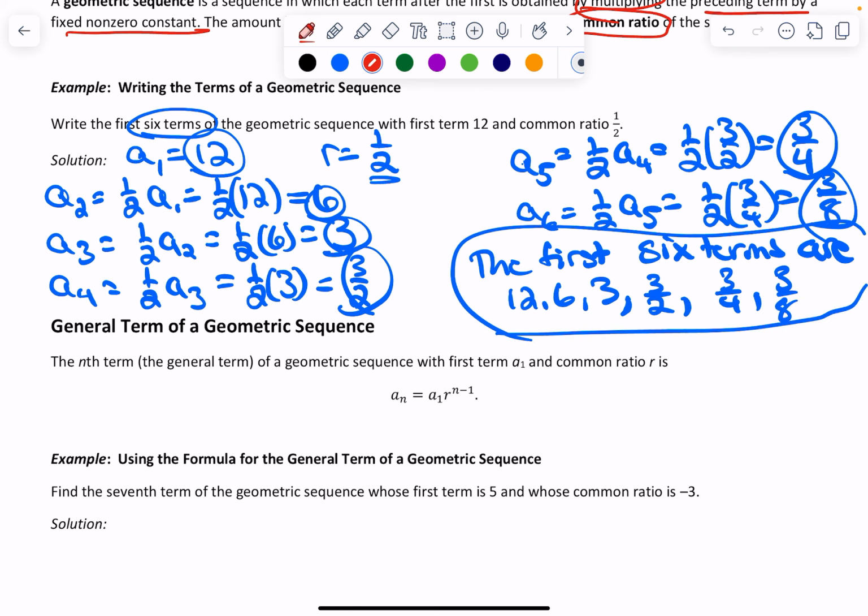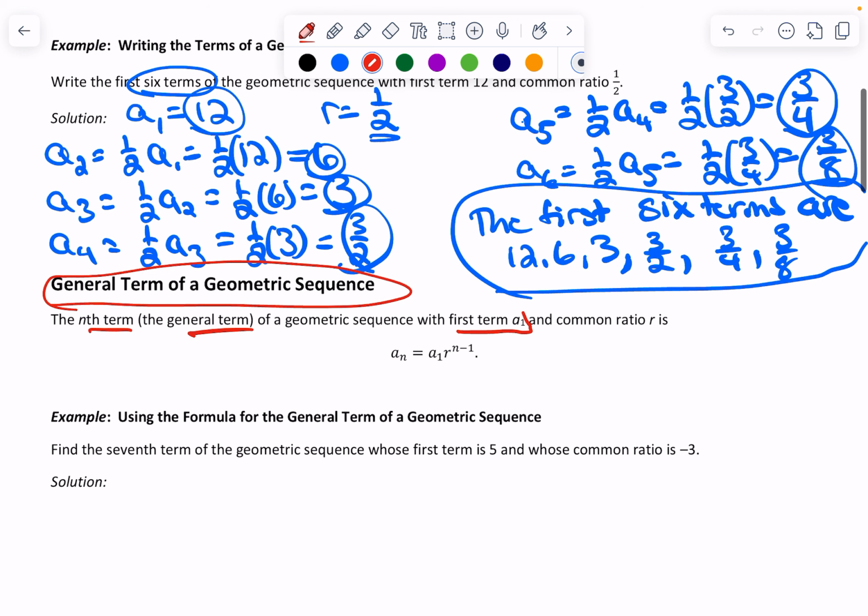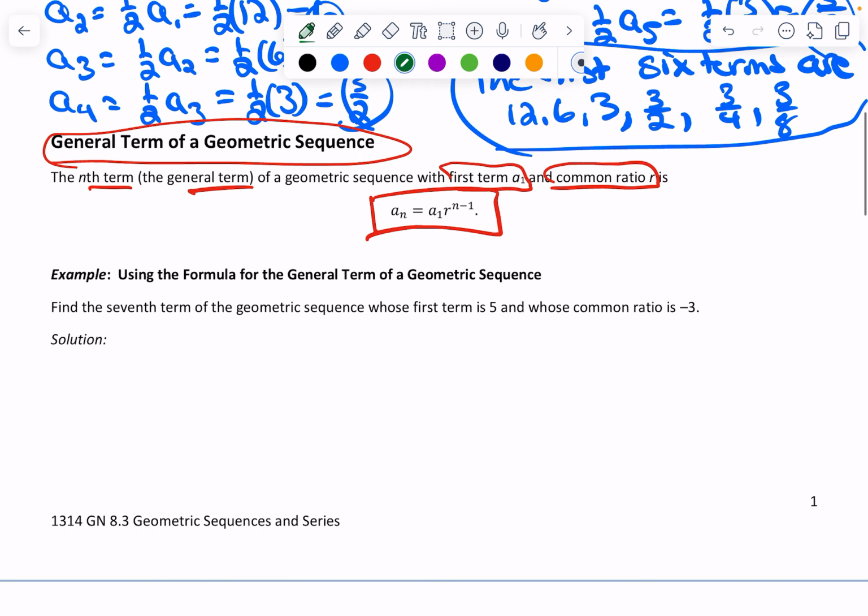Okay, next we're going to look at the general term of a geometric sequence. So the nth term or the general term of a geometric sequence with first term a sub 1 and common ratio r is this. So now next we're going to use that formula for the general term of a geometric sequence. So seventh term, n equals 7. First term is 5, and common ratio is -3.